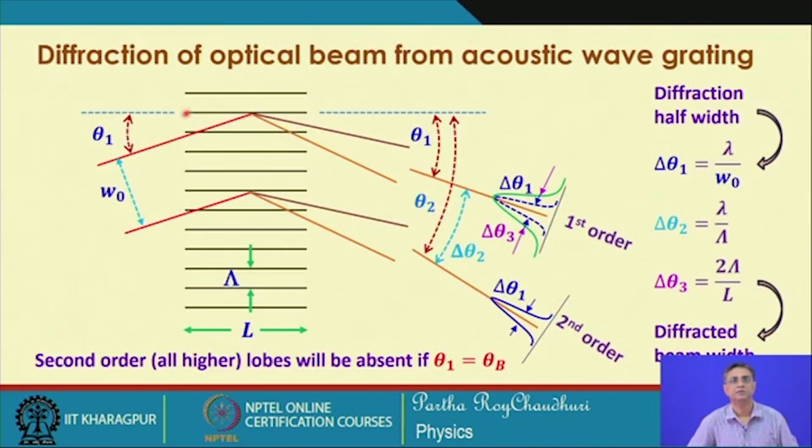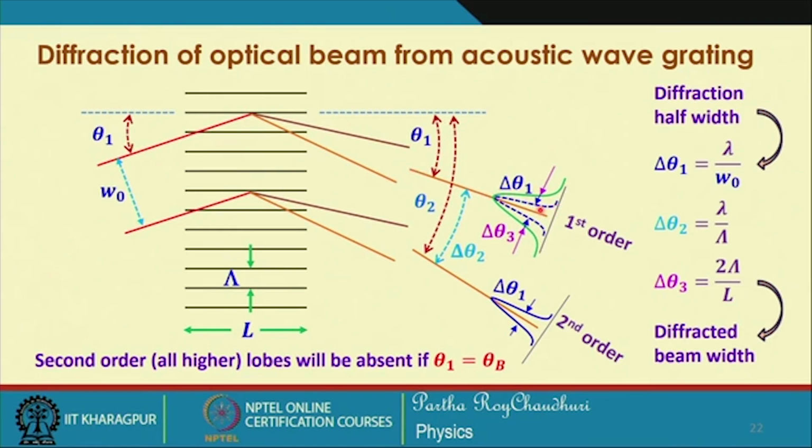If you look at this general form of the optical beam diffraction, you have this width W 0 and which gets diffracted, you have one order here, you have second order here, but in this case it is only the first order, but this is a very general form to understand this deflection.